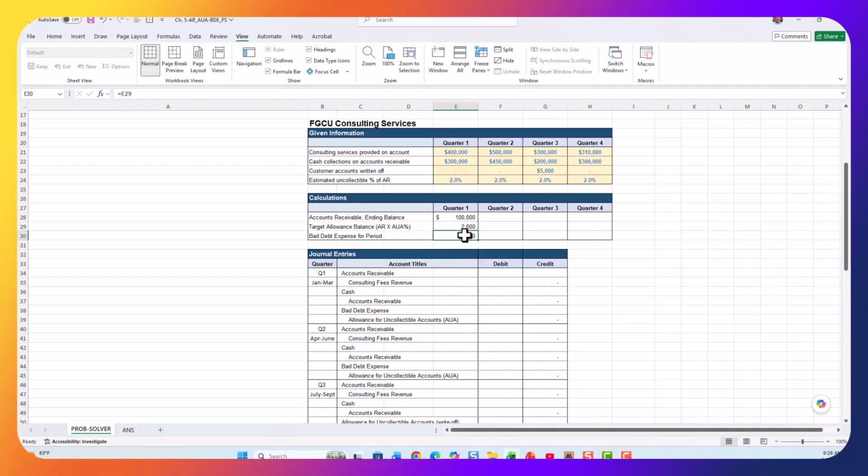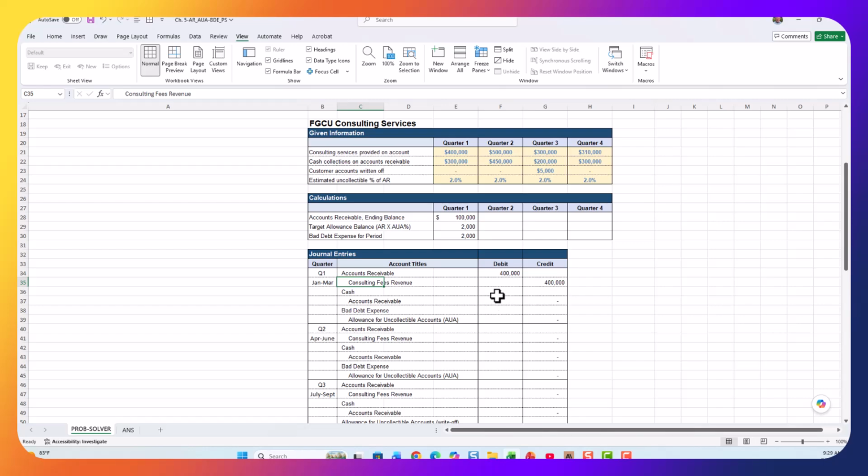Now let's take a look at the journal entries. The journal entries for Q1, January through March, are first to record the revenue. We'll debit accounts receivable for $400,000 and credit consulting fees revenue for $400,000. Then we'll record our cash collected.